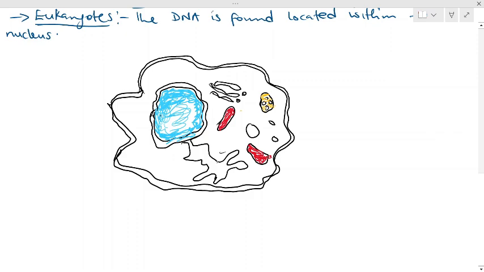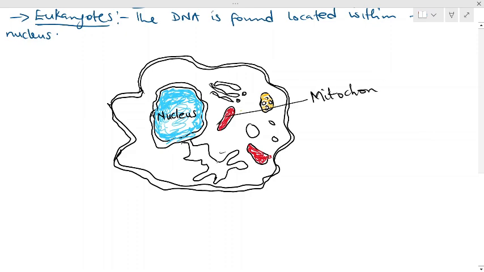So right here you have the nucleus. Then this is your mitochondria.